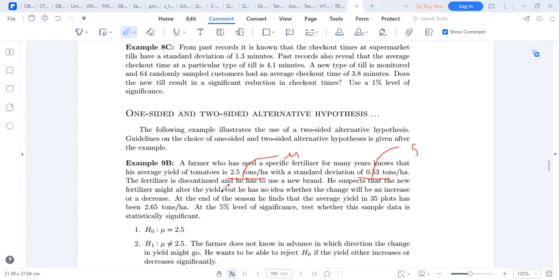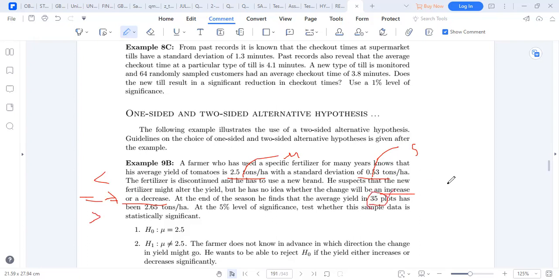He suspects that it will alter the yield, but has no idea whether it will be an increase or a decrease. So here we're going to use a two-tailed test, equal to or not equal to. But if he has an idea it will be an increase, we would have used greater than. If he has an idea that we have a decrease, we would have used less than. One of the two, but he has no idea.